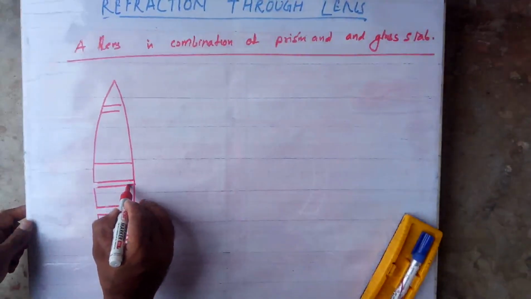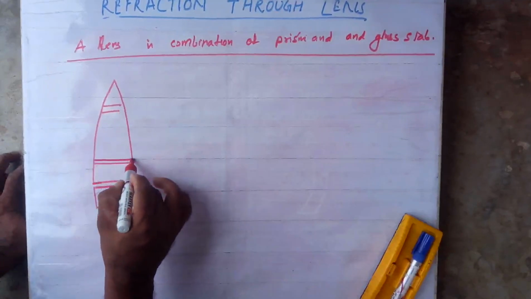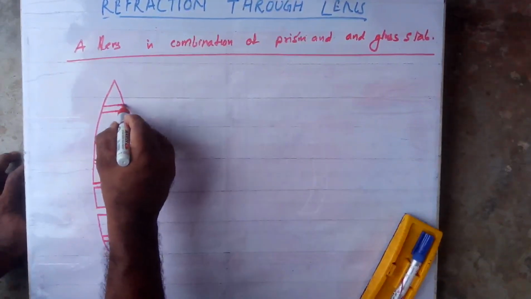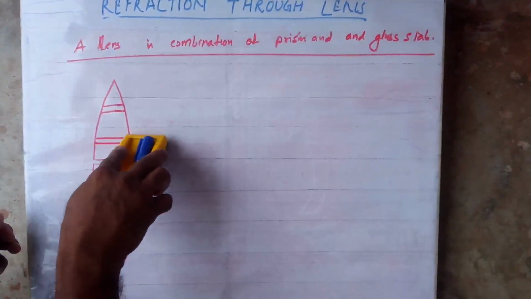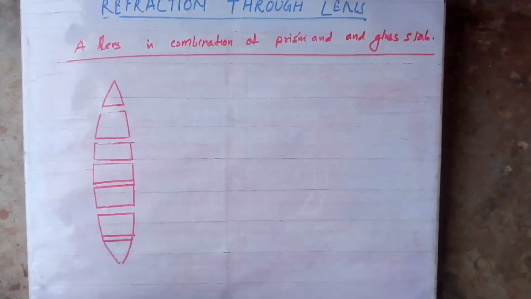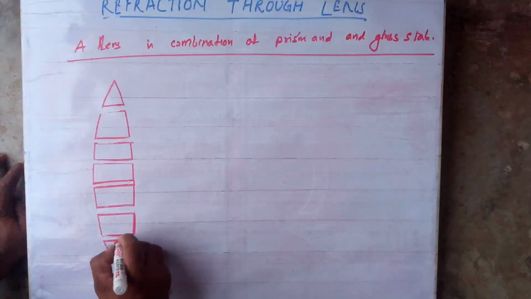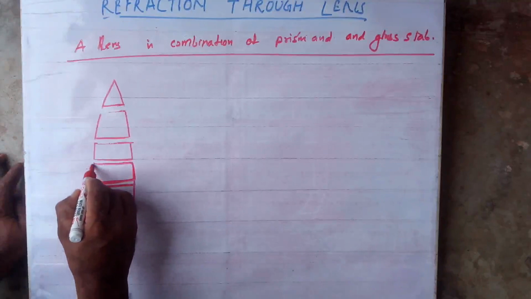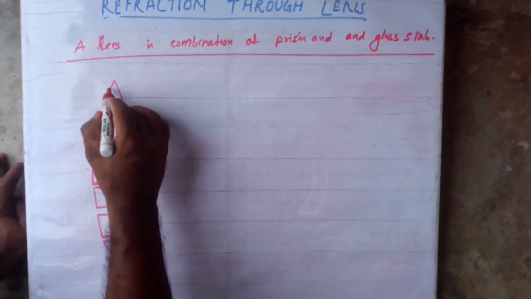Convex lens, you can say, this convex lens. See, the middle one is a glass slab, and this is a prism.